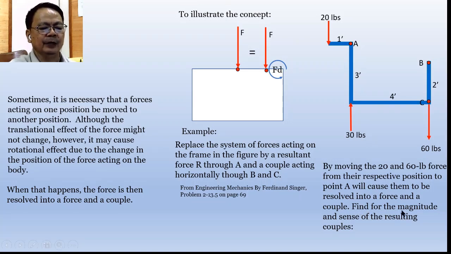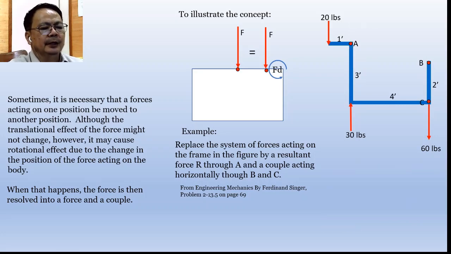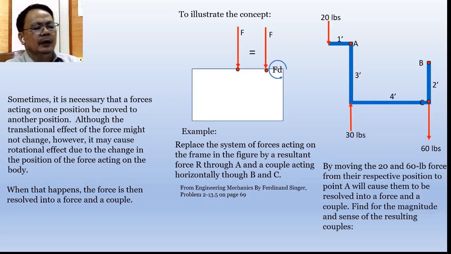Let's find the magnitude and the sense of direction of the resulting couples. Okay. Now let us imagine that at point A, we add a pair of forces that are collinear in action. The magnitudes are both equal to 20.